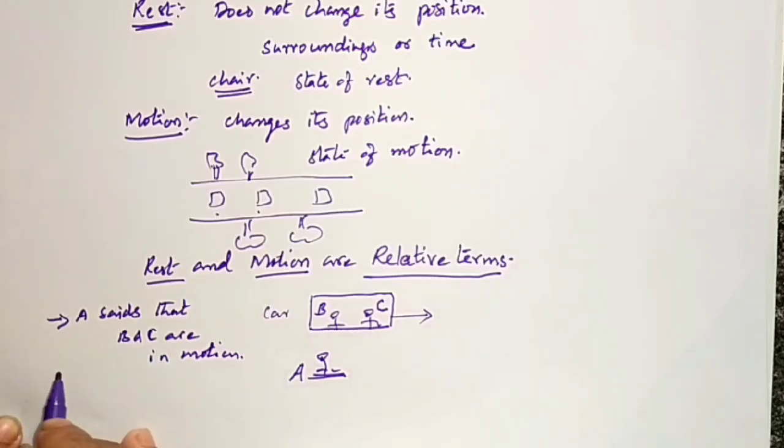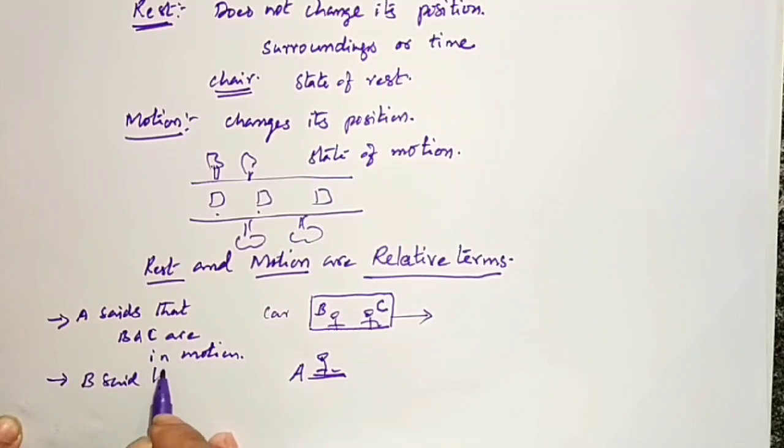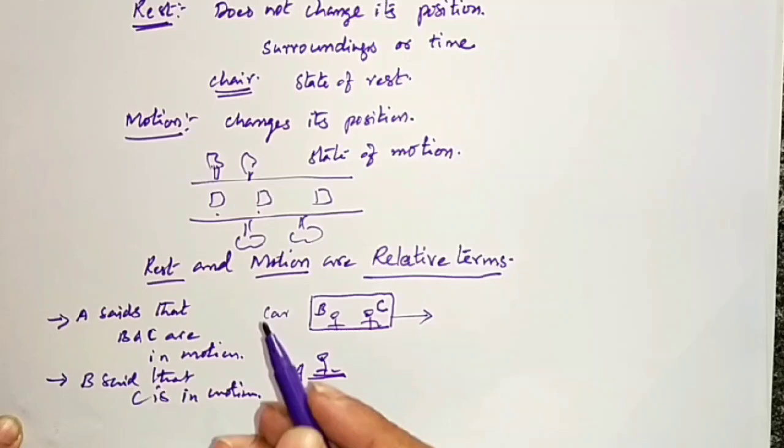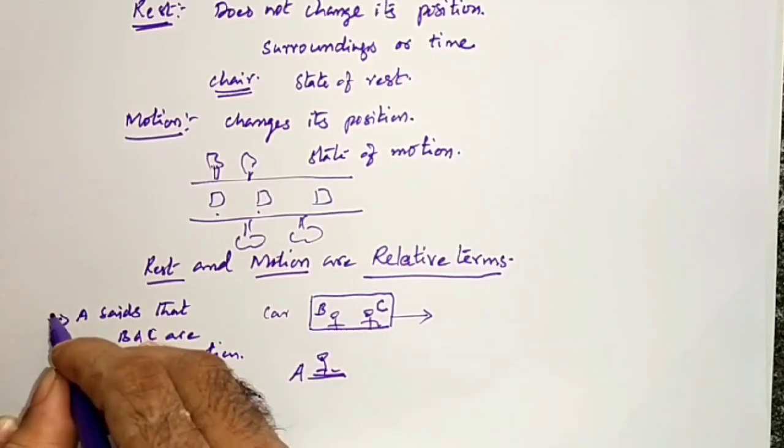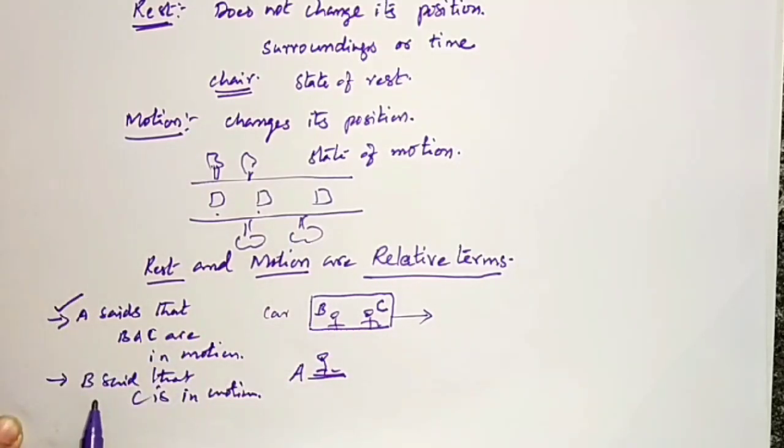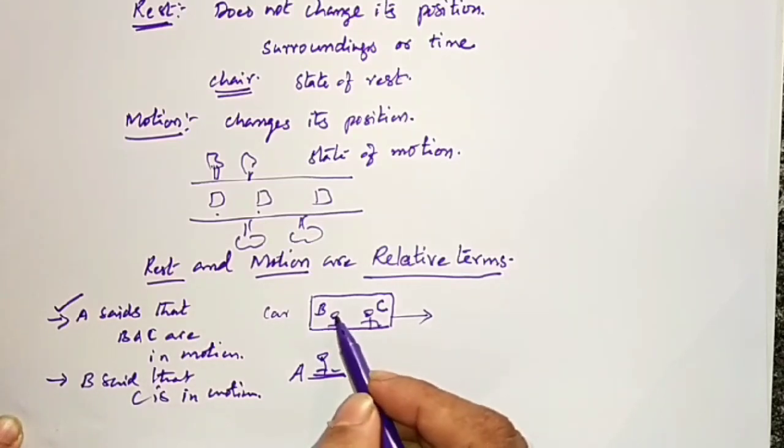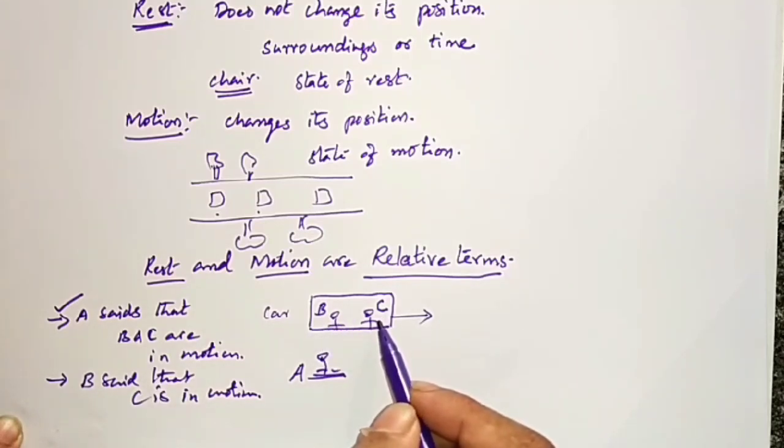Clear? Now see, B said that C is in motion. Is this correct or not? The first statement is correct. Okay, now what about the second statement? B said that C is in motion.